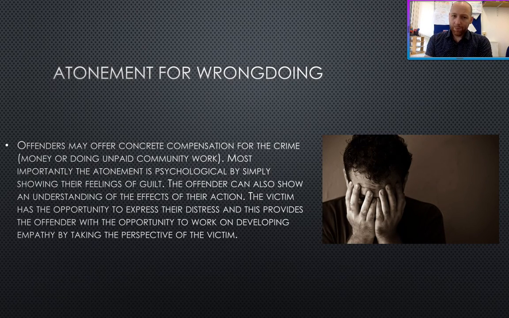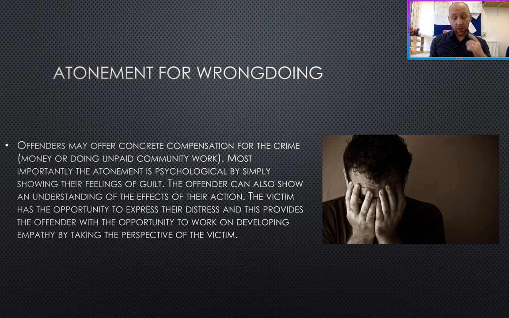Atonement for wrongdoing. So offenders may offer concrete compensation, so financial restitution, or they may do unpaid work. And that's a tangible measure of something they're willing to restore, pay back. Most importantly, the psychological atonement, simply by demonstrating guilt, helps the offender get past and start to understand the reasons for their own offending behaviour.